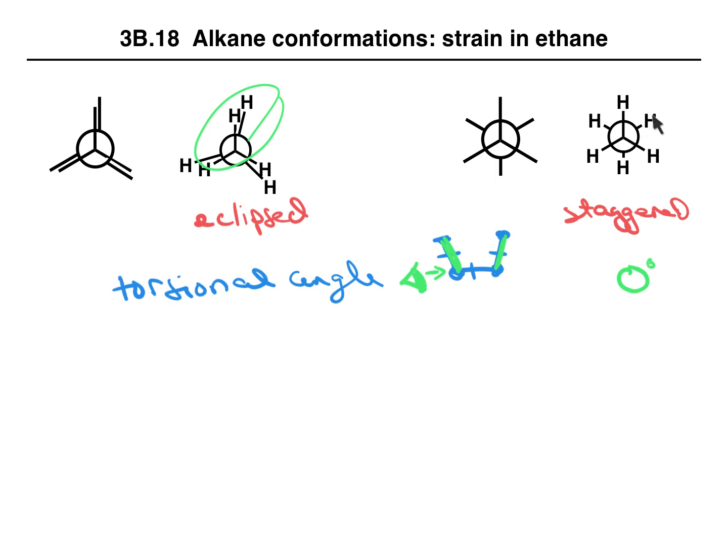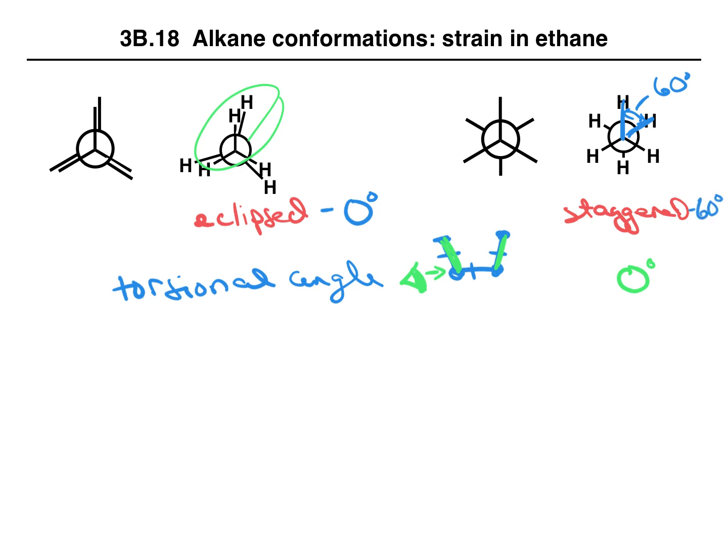In the staggered conformation, now if we are thinking about this and this, and the angle between them, this is 60 degrees. So the eclipsed conformation has a torsional angle of 0 degrees. A staggered conformation has a torsional angle of 60 degrees.